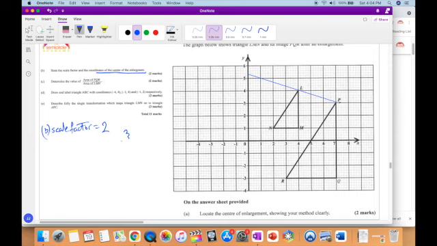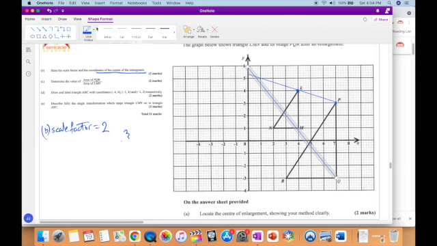So you see, we take this point and the corresponding point, we join them, right? So now let's join another one, right? We'll take this corner point here and join it to that corresponding corner point there and extend it. And you see where the two of them intersect right there?